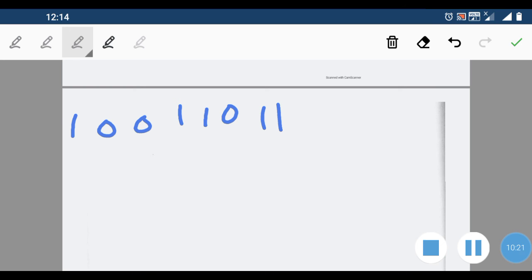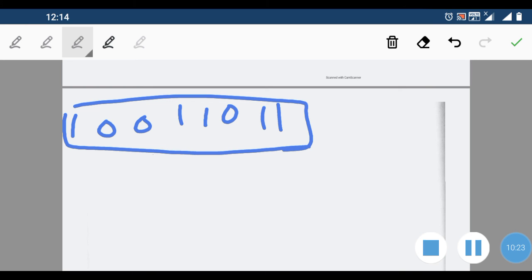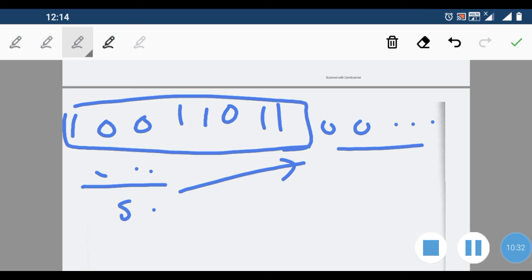So it corresponds to the first 8 bits. Then the remaining 8 bits are all zeros. You can put 8 zeros here, then again one more 8 zeros for the next. So total 24 bits we will get.